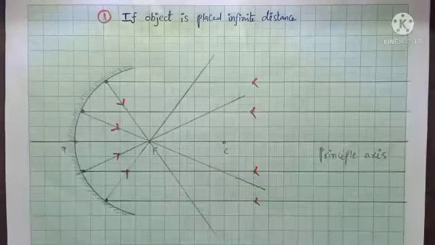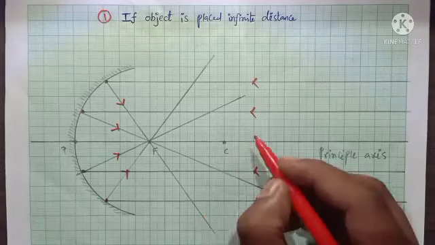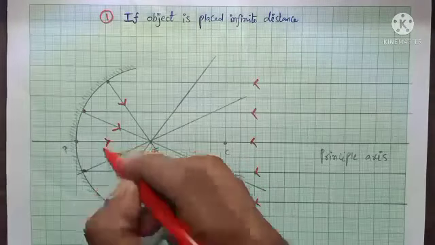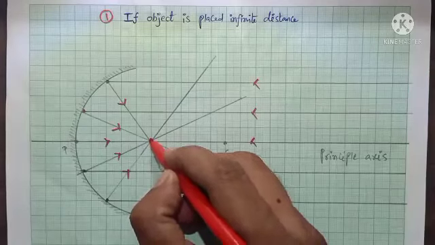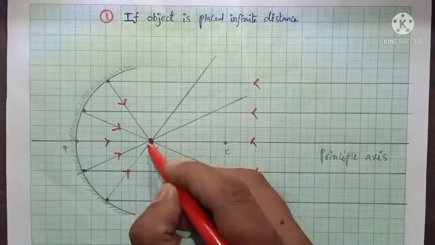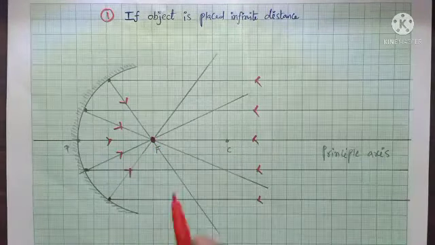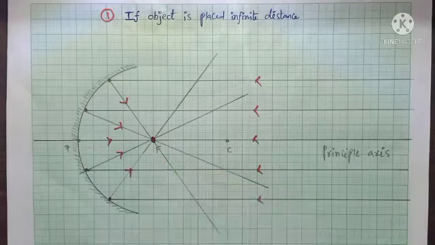So all these light rays intersect at a point. This intersecting point we call the focus.